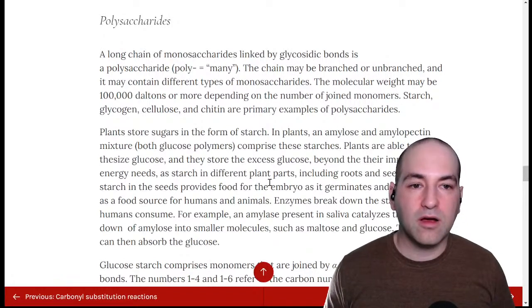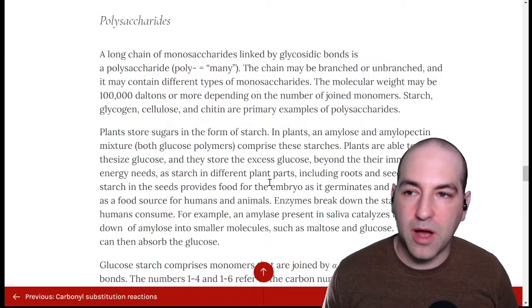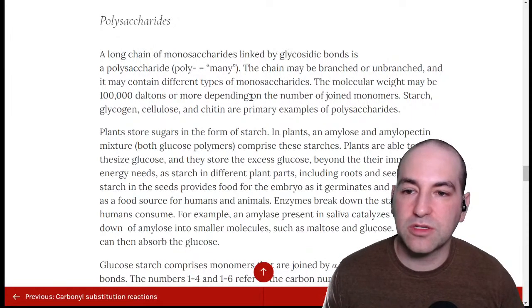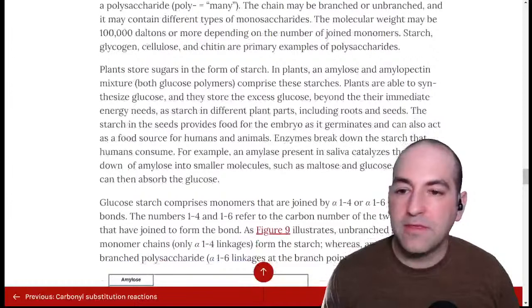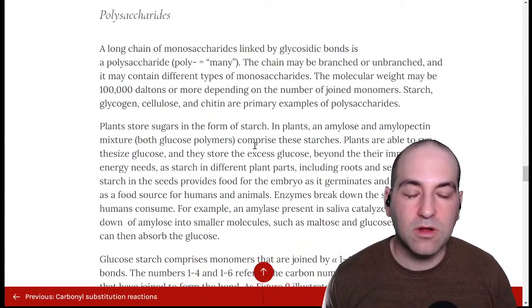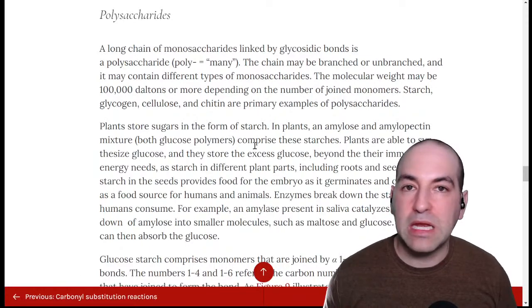All right, and then we get to our final category of sugars or carbohydrates, polysaccharides, also known sometimes as starches or cellulose. And these are what we call polymers of glucose. So this is where you take a glucose molecule and connect it to itself many, many times.